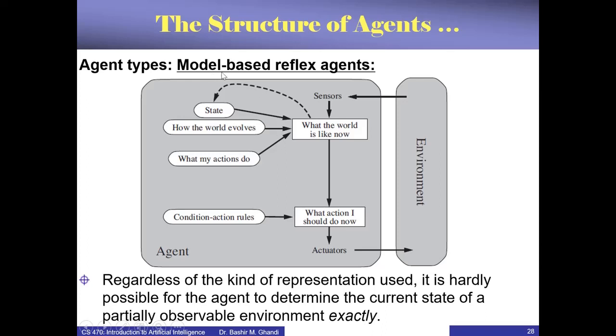Well, reflex-based agents, they don't do that. But at least this model will allow it to have some estimate of the current situation. Okay, so it cannot see the world fully, but with this, it will have some estimate of the present state of the world, and that will help it to take better decisions than if there is nothing at all.